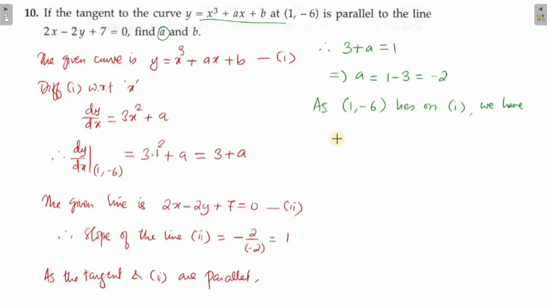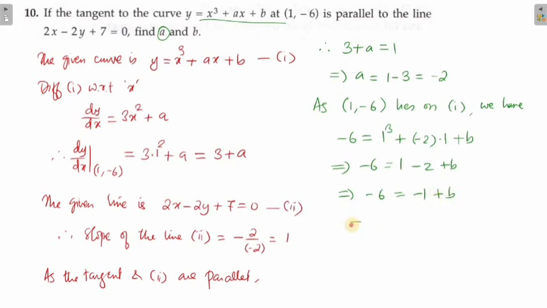So you get y, that's minus 6, is equal to x. In place of x I'll write 1, so 1 cube plus a is minus 2, x is also 1, plus b. We don't know what is b, so let's calculate b from here. So this is minus 6, 1 cube is 1, minus 2 plus b, so this turns out to be minus 6 equals minus 1 plus b.